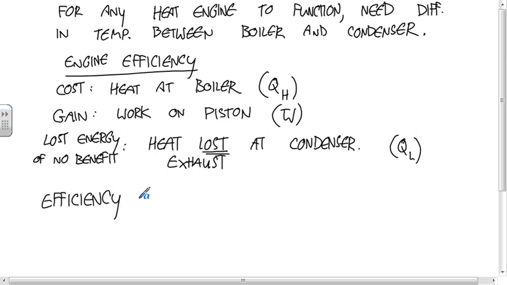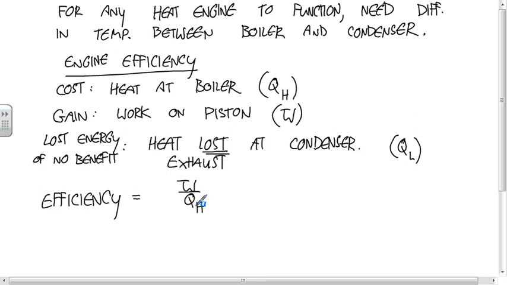I think if you were asked to define efficiency, there's kind of two ways you could think about doing it that would make sense. One would be the work minus QH, and one would be the work divided by QH, right? In some way, it's a comparison of how much work you're getting out versus how much heat you're putting into it. We're going to define it as the ratio of the work divided by QH.